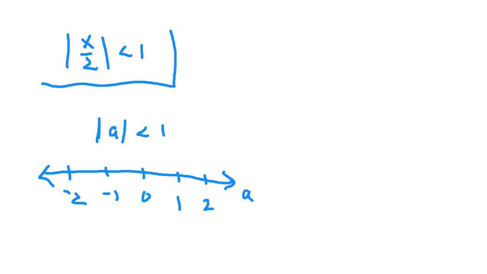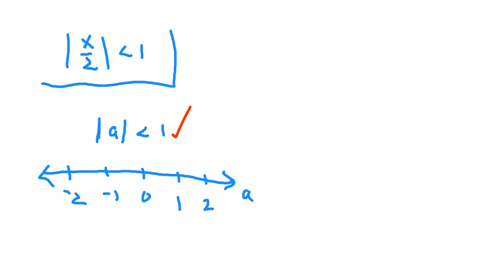Okay, and on the number line, what graphically would the a values be such that the absolute value of a is less than 1? What on the number line would graphically be the set of a values that satisfy that inequality?